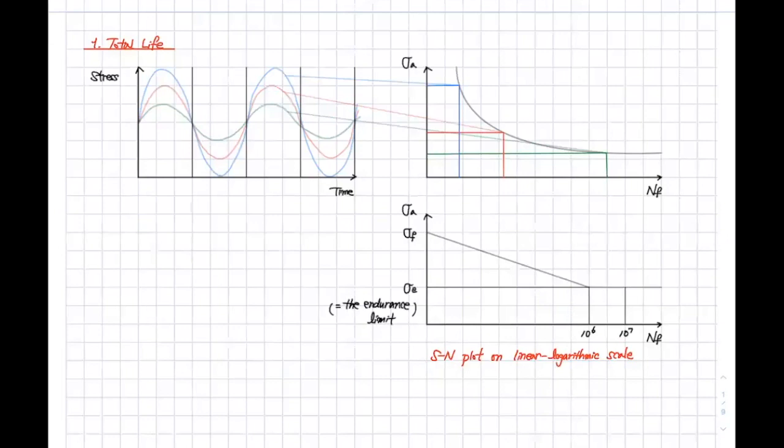Whenever you're cyclically loading more than 10 to the 6, 10 to the 7, or 10 to the 8 times, it will not break.